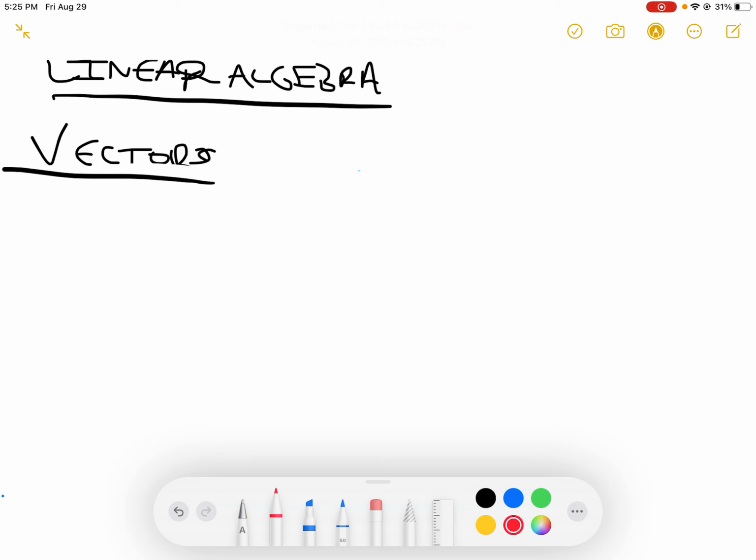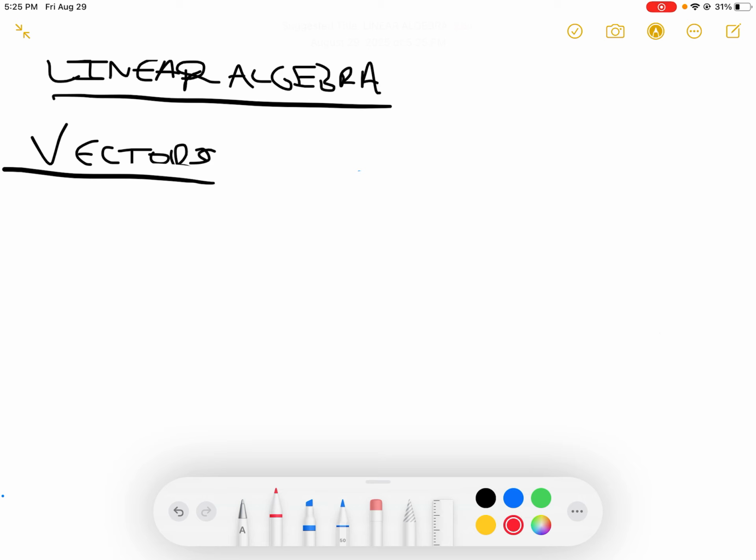So we talked about how to add and subtract vectors. Now, what about multiplying and dividing? Well, multiplying is going to be a little bit different. Dividing is just not something that we do, at least at this time.